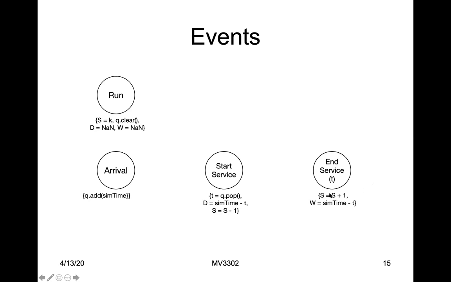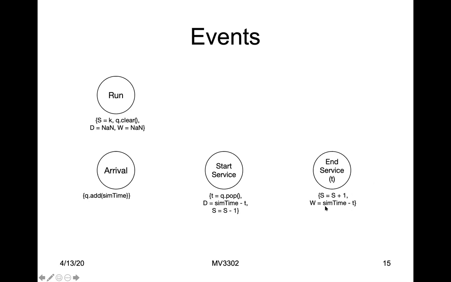Now for the end service, again, we incremented the number of available servers. That's something that we had done. But notice here, what we're doing is we're passing the time. This argument is going to be the time that the customer who ended service arrived. That's the time they showed up.